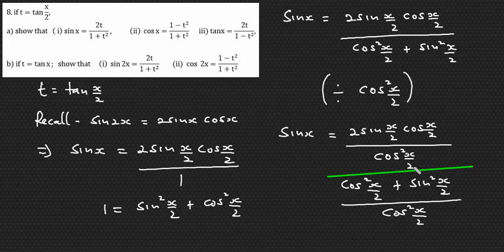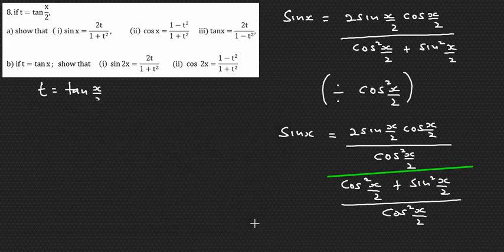Now from there, let me create some space here. When we divide, this cancels and one cos will disappear. Then this will give us a 1, but this will give us a tan squared x by 2.